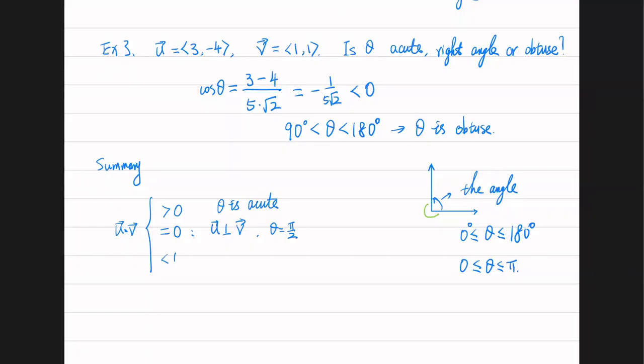If it's negative, theta is obtuse. Among the first and the last cases, there's another special one, when theta is 0.